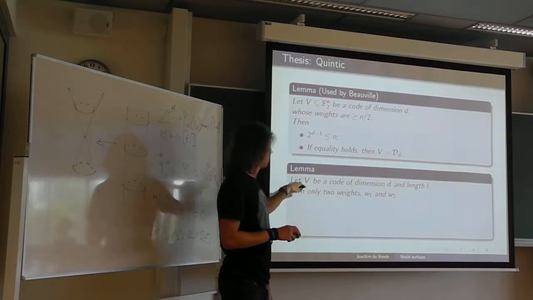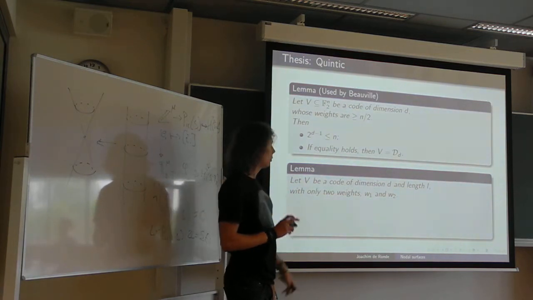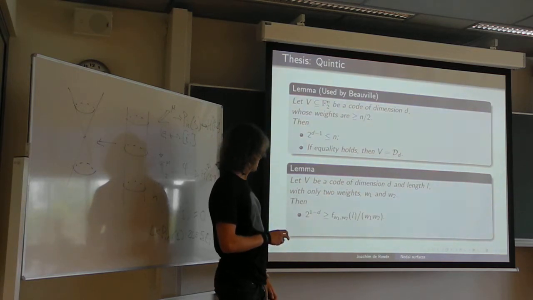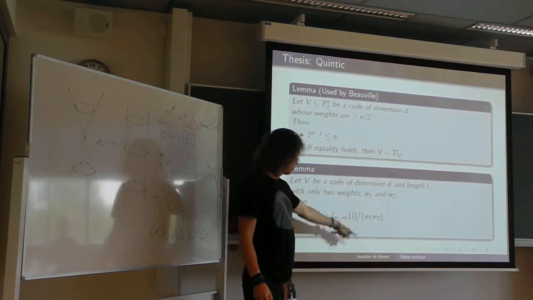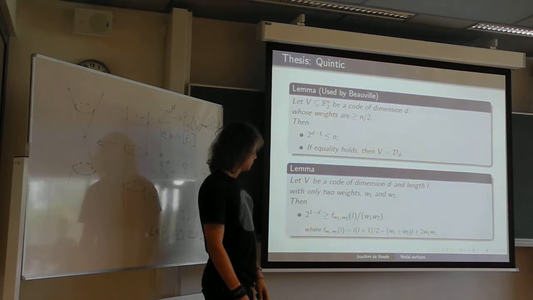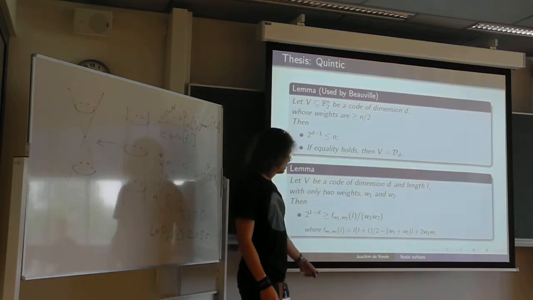We didn't assume anything yet, we just gave names to things. But if now we assume that it has only two weights, let's call them W1 and W2, then this inequality holds. Well, what's this polynomial? It's given as follows. One should see this as a polynomial with fixed W1 and W2, and L is the variable, so L is the length.